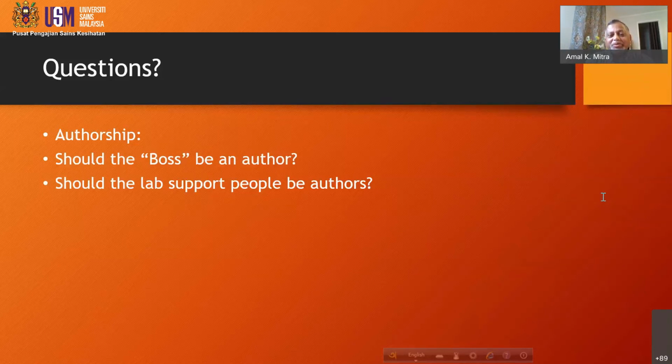Let me give you my correct answer. I like this answer. I would say no in the author, but can include in acknowledgement. Why? Because lab support is routine work. It is definitely essential, but it is part of their normal job.